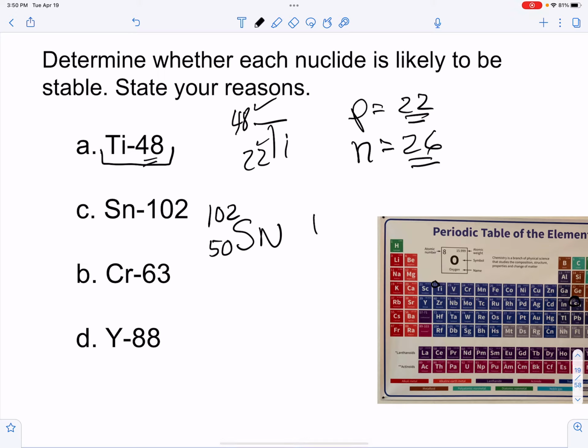So that means I'm going to have 50 protons and 52 neutrons. This is really, really close to 1 to 1. However, that's super stable if the atomic number is less than 20. This is 50, but almost 1 to 1, even numbers. So I would say relatively stable.